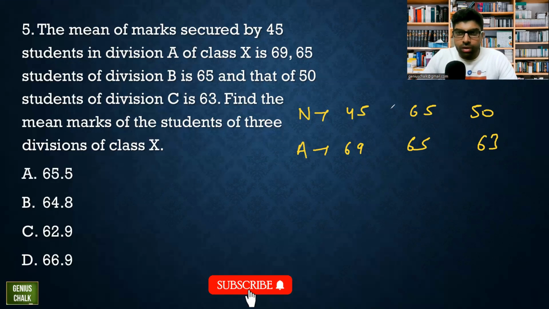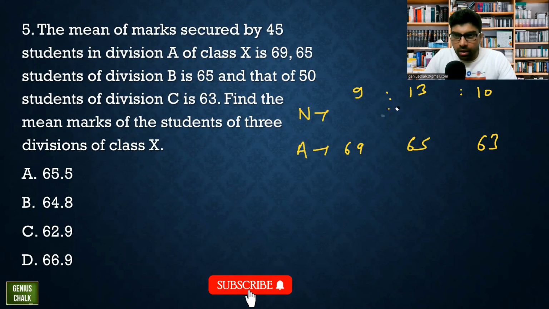All right. So first, for the number, we'll find the ratio. 5 9s are 45, all of them are cancelled, 13s are 65 and 10s are 50. Okay. Now your ratio changes to 9, 13 and 10. This is your new ratio, right?